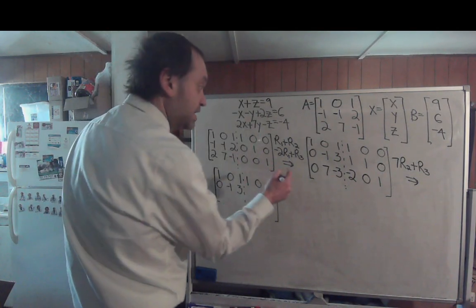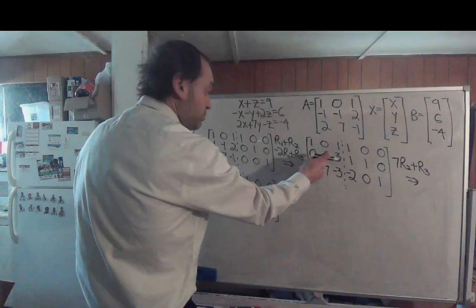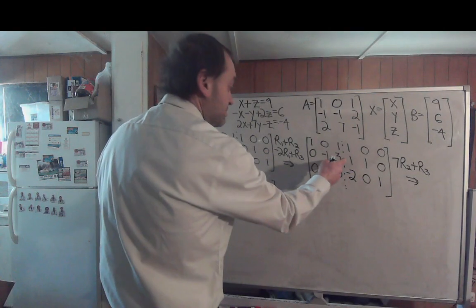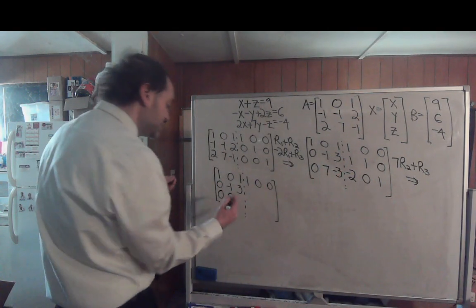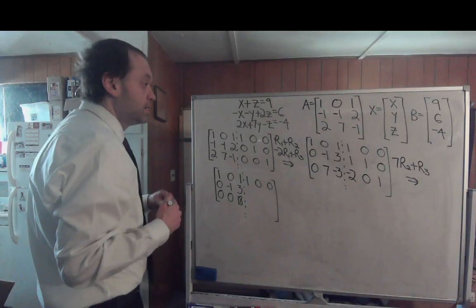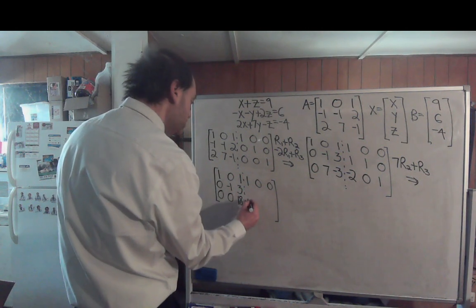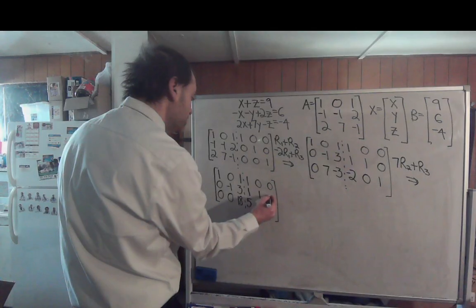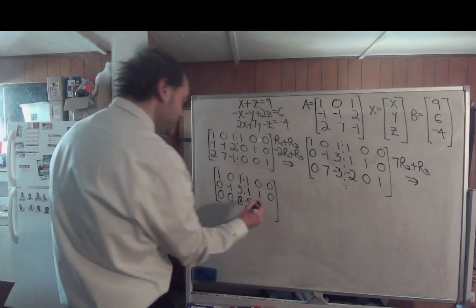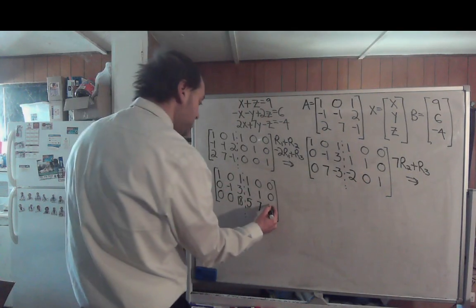But row 3, so 7 times 0 is 0, plus 0 is still 0. 7 times negative 1 is negative 7 plus 7, turns that into 0. 7 times 3 is 21, minus 3 is 18. And then 7 times 1 is 7, minus 2 is 5. Whoops, I did forget to write everything in row 2. There we go. And then 7 times 1 is 7, plus 0 is 7. And then 7 times 0 plus 1 is 1.